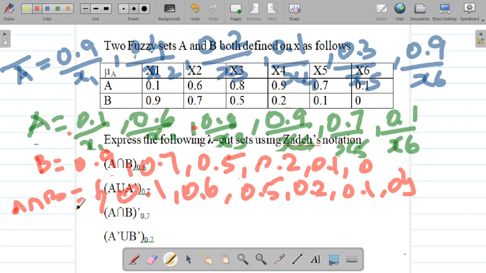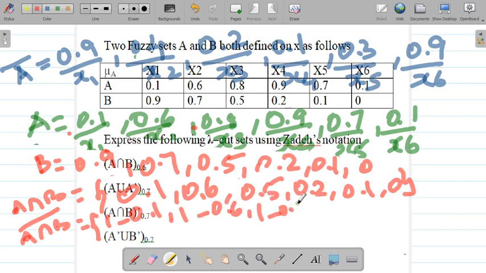Then we are going to find A intersection B the whole bar, which means 1 minus 0.1, 1 minus 0.6, 1 minus 0.5, 1 minus 0.2, 1 minus 0.1, then 1 minus 0.